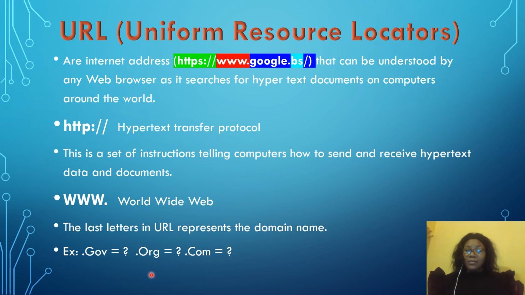Some domain names that you have probably seen before are .gov, that stands for government, .org, that stands for organization, .com, that stands for commercial, and many others such as .us for United States, .uk for the United Kingdom, and many other forms of domain names.